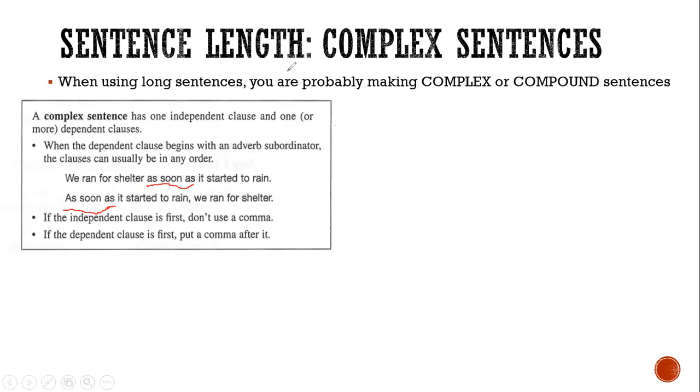Here this is our independent clause, we ran for shelter. But if the independent clause is after the dependent clause, put a comma after the dependent clause. Because the dependent clause is first here, we put a comma.